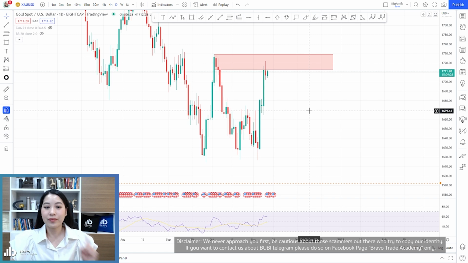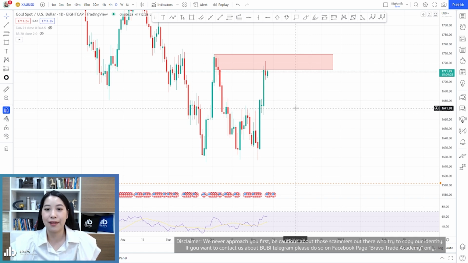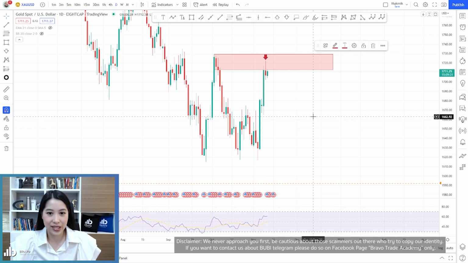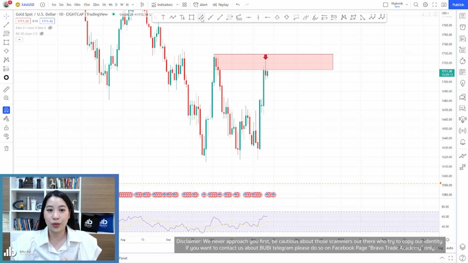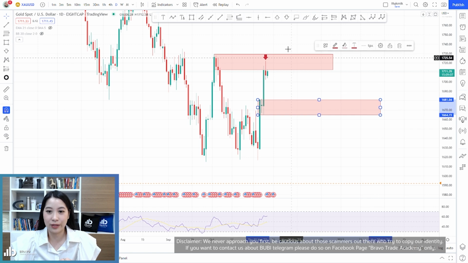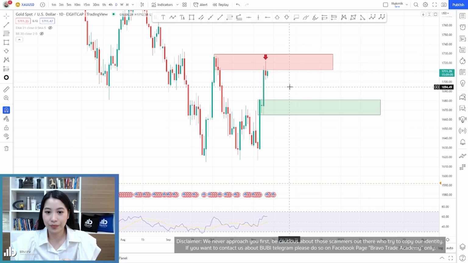Another interesting thing is that the candlestick from yesterday closed as a bearish reversal bar. So for today, the price could go further down, to this demand zone that we talked about yesterday.